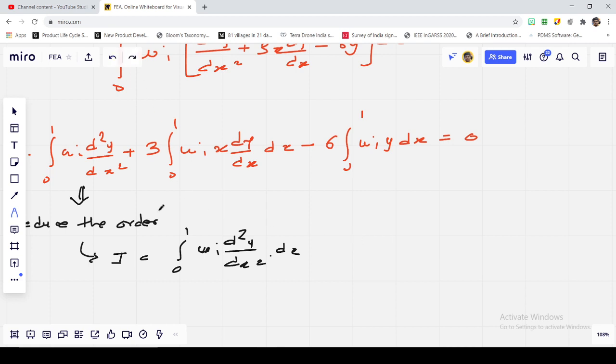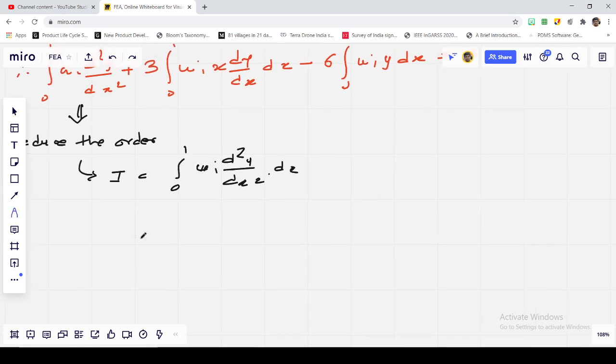So if we solve this, what you get is equal to, first you get wi u into integration of v. So this will give you the first derivative, that is dy by dx, order will change, minus integral 0 to 1, first you take the derivative of this u, that is dwi by dx in this case, into you take the integral of this again, so you get dy by dx and you get dx.